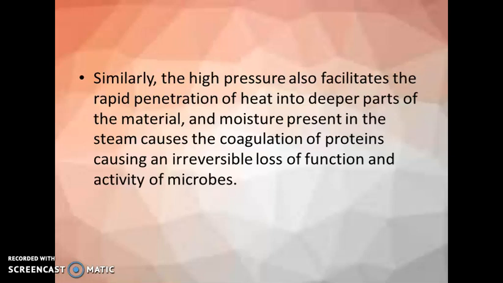Similarly, high pressure facilitates rapid penetration of heat into the deeper parts of the materials, and the moisture present in the steam causes coagulation of protein. So the main action is protein coagulation of the bacteria, causing an irreversible loss of function and activity of microbes.